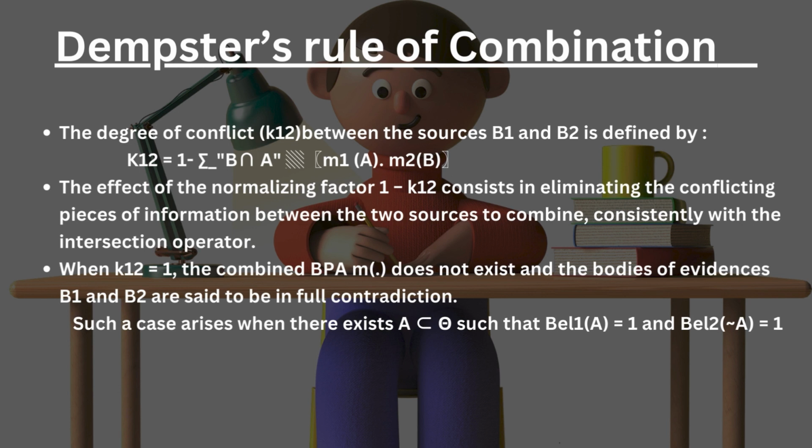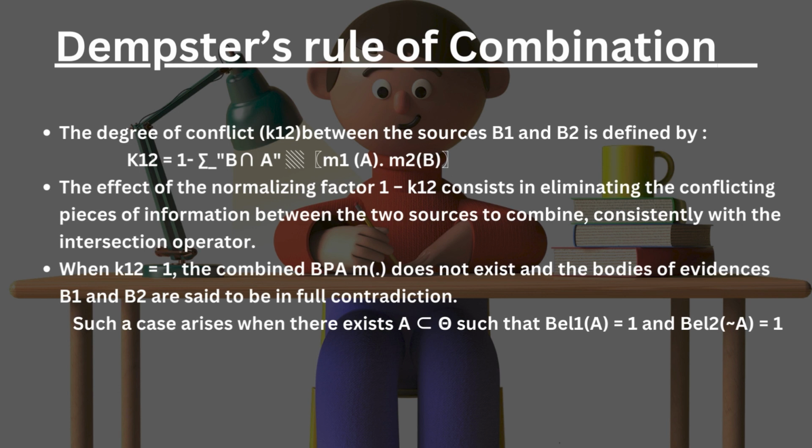The normalizing factor adjusts this combined belief function to eliminate the conflicting pieces of information, consistently with the intersection operator. So, what it means is that when the degree of conflict is high, close to 1, the normalizing factor reduces the impact of conflicting information, making the combination more consistent.